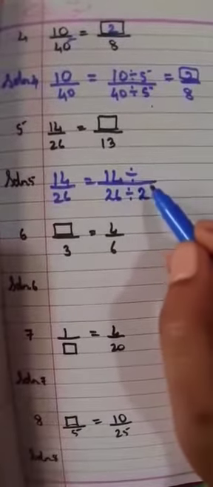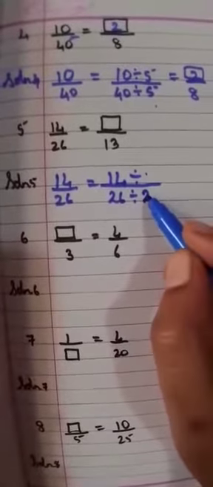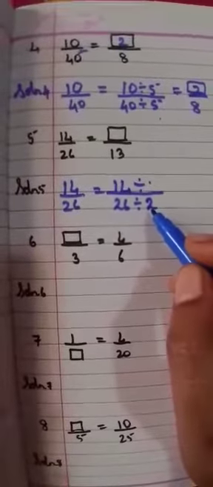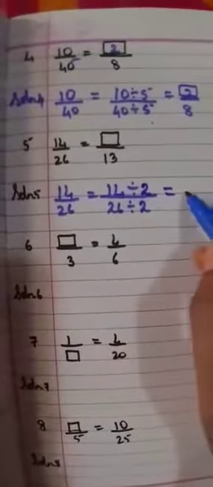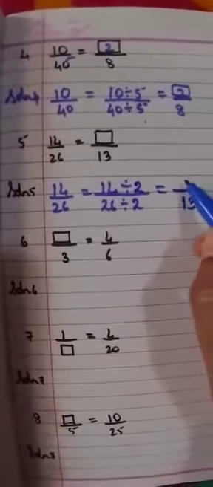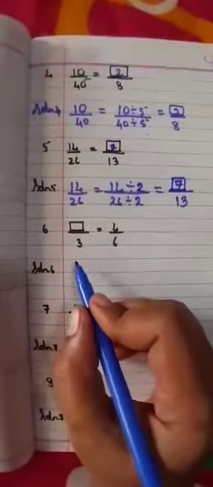So again when we divide 26 by 2 we get the answer 13. So again if denominator is having 2, that is the number through which we are dividing is 2, so in numerator also we will take 2. So here we know the answer is 13. So when we divide 14 by 2, we get the answer as 7. So here in the box 7 will come. Understood?